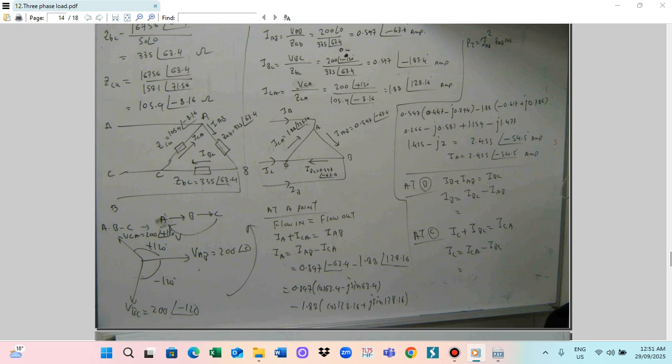Minus 1.88 times cos 128.16, which is minus 0.617, and the sine of 128.16 is 0.786.